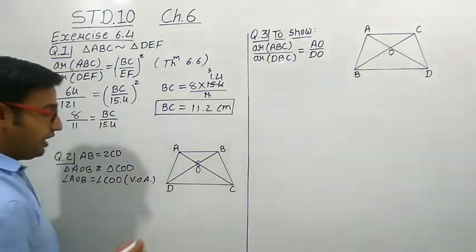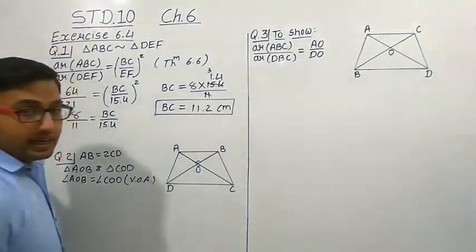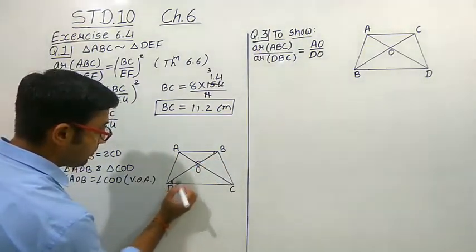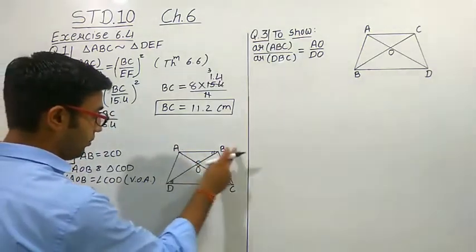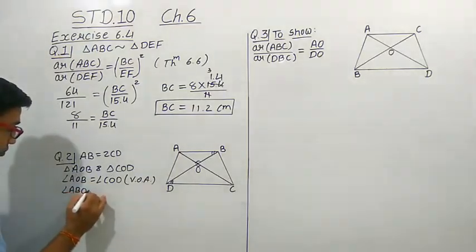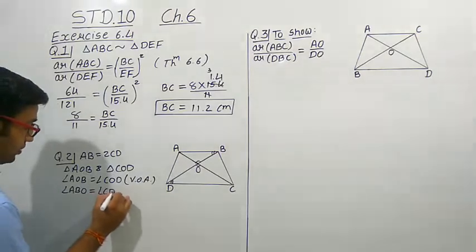Second condition, here we know that this is a trapezium. So line AB is parallel to line DC. So this angle and this angle will also become equal according to the alternate interior angles. So we can write angle ABO will become equal to angle CDO.